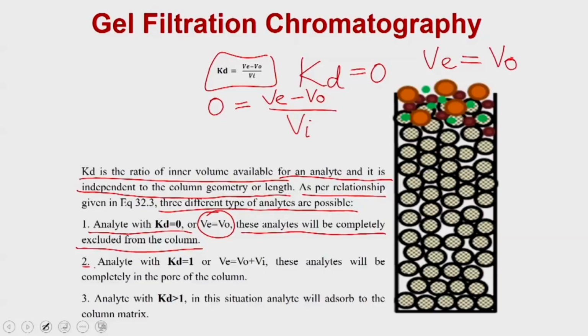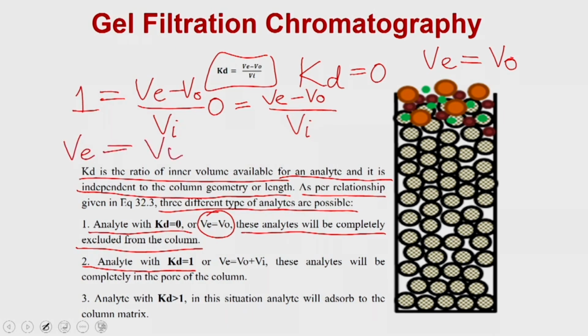Now, you can imagine that you have an analyte which has Kd equivalent to 1. So, if Kd is 1, then it is (Ve minus Vo) divided by Vi, and so Ve is equivalent to Vi plus Vo, which means Ve is equivalent to Vo plus Vi.